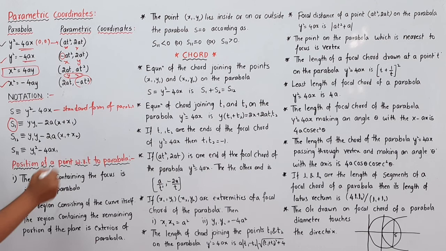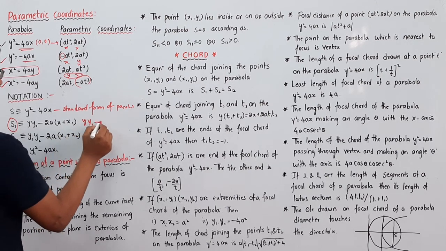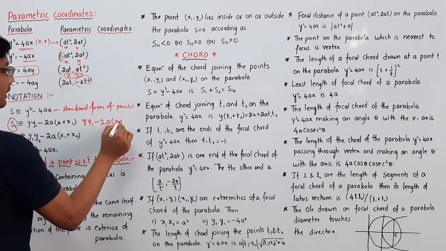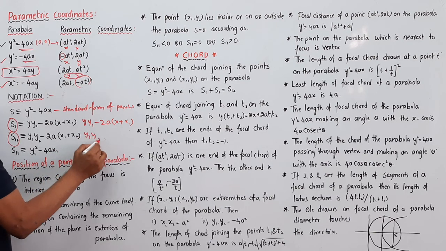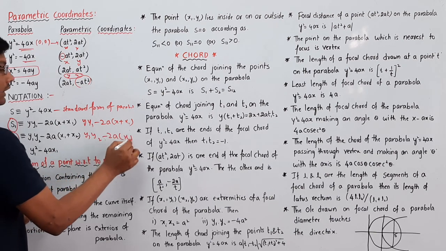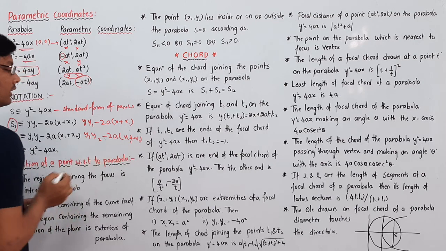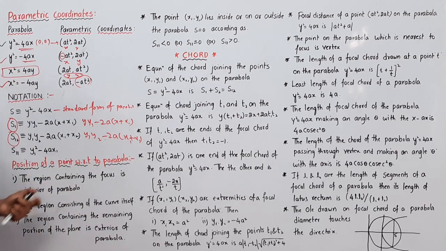S1 is nothing but y1 minus 2a of x plus x1, remember this formula. And S12 is nothing but y1 y2 minus 2a of x1 plus x2. If two points are there, you can substitute x1, x2, y1, y2 in this expression and you will get S12.